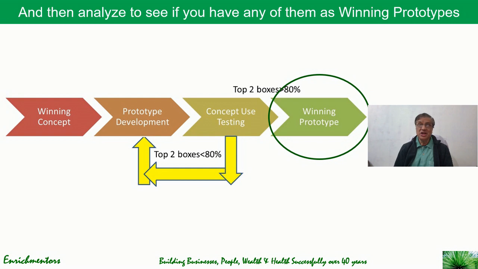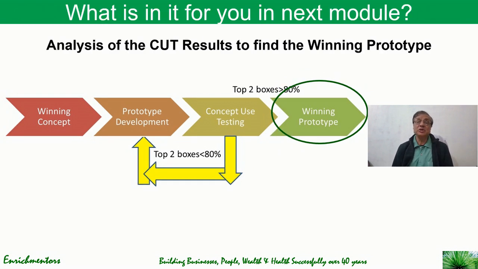Then you see where your best traction is happening, where the probability of purchase, satisfaction with the product used, and repurchase intentions are ideally 80% plus. That becomes your winning prototype. In the next module we will look at how to analyze the concept use test results to find the winning prototype, and how we do that we'll take a look at then.